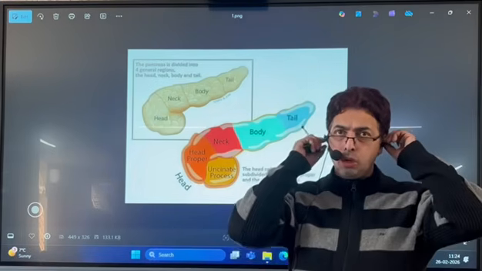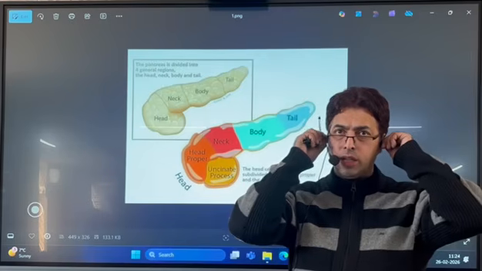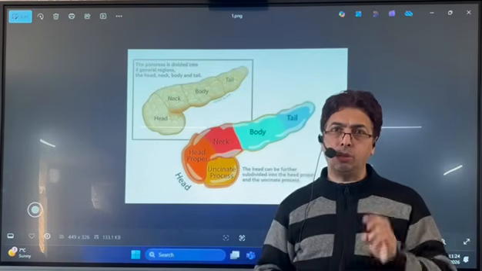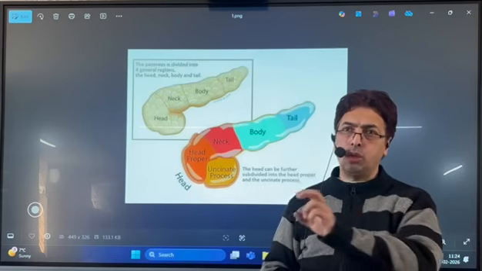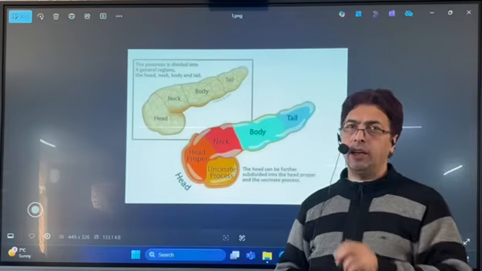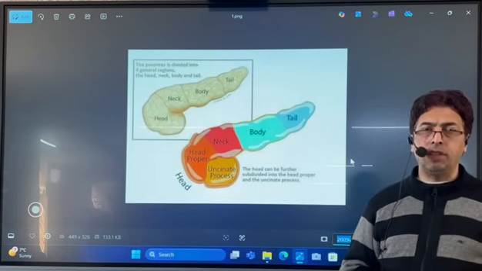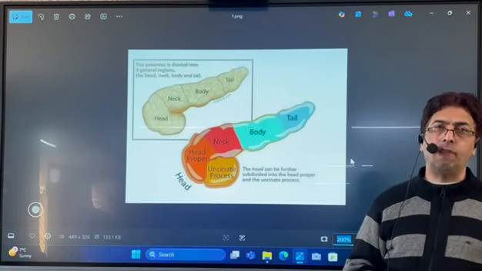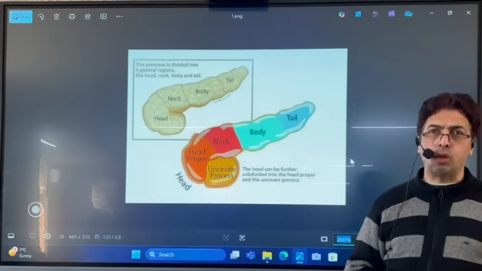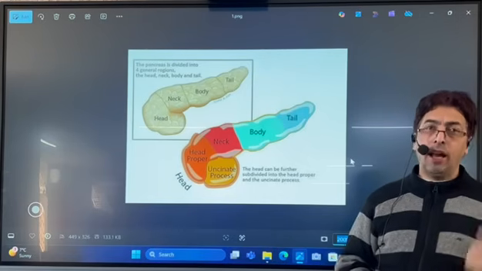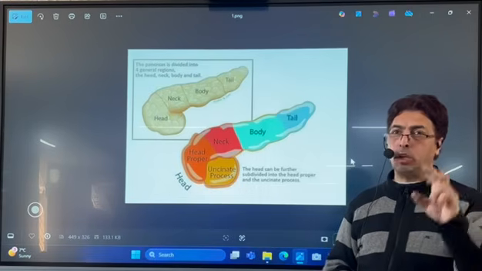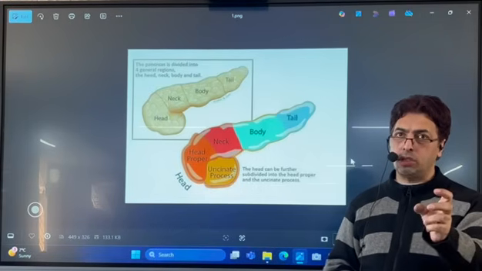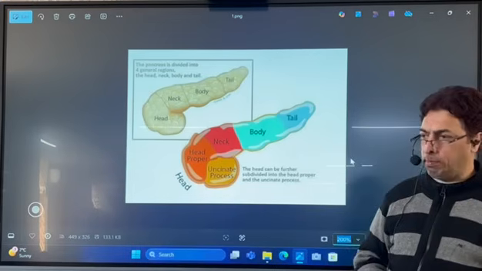So two important organs lie in relation to the two ends: the head end lies within the C, or the concavity, of the duodenum, and that's very important. Why? That I will be telling you later. And the tail lies in relation to the spleen. Very important, so remember these two things.